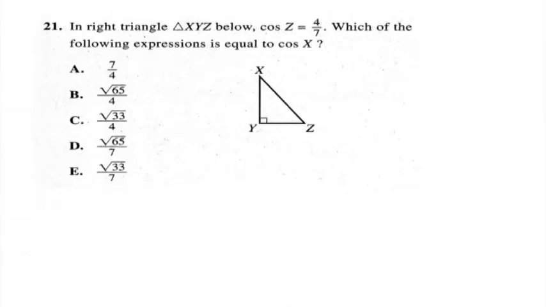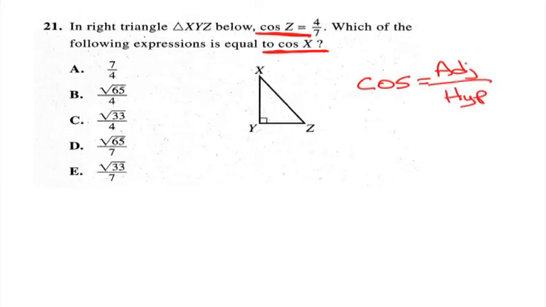Number 21. In right triangle XYZ below, the cosine of Z is 4 over 7. Which of the following expressions is equal to the cosine of X? A lot of times people get mixed up by getting the wrong angles, but we want to make sure we look at cosine of Z. Well, they're expecting you to remember that cosine is equal to adjacent over hypotenuse.